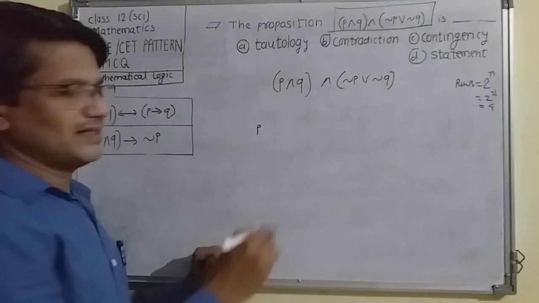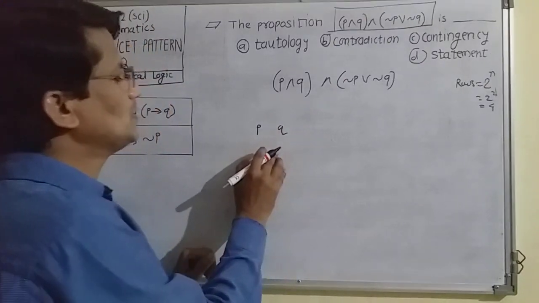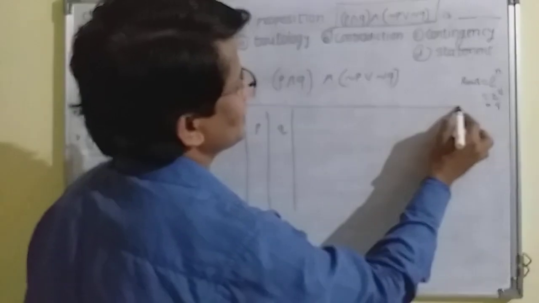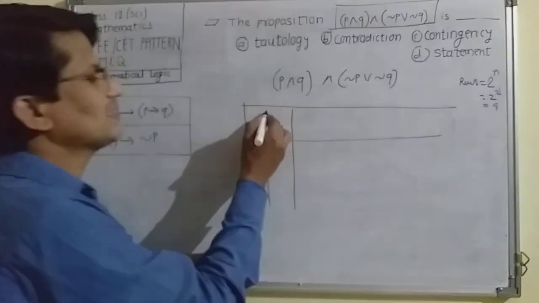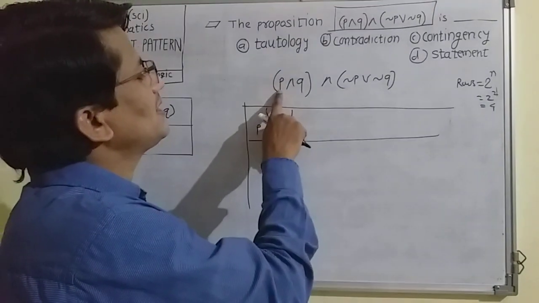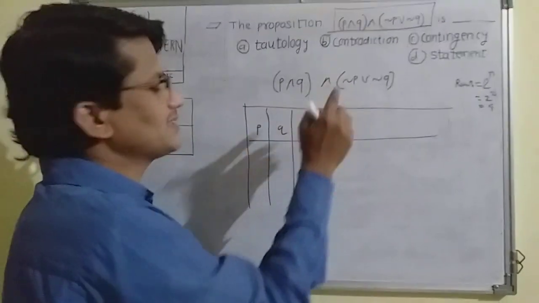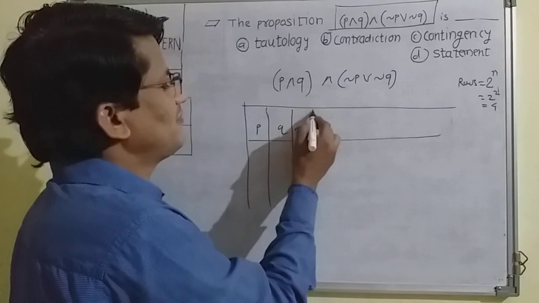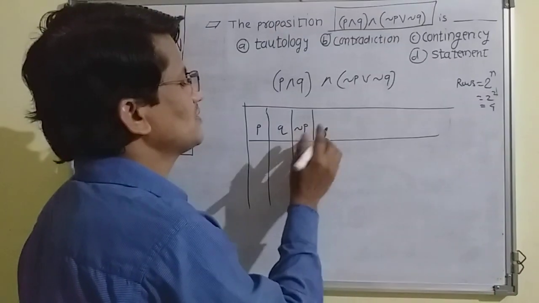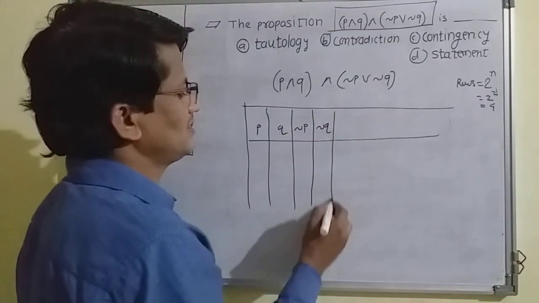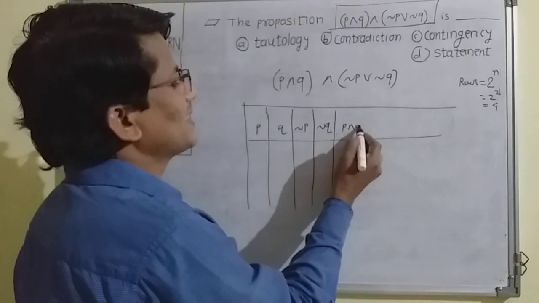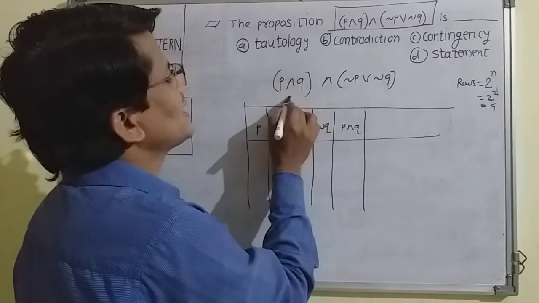The first statement is P, after that Q. We are constructing the table like this. This is P, this is Q. After that, negation P, then negation Q. Then the first bracket, P and Q, is completed.